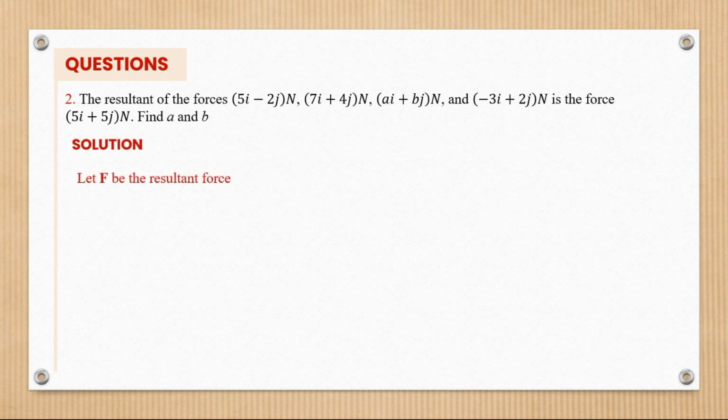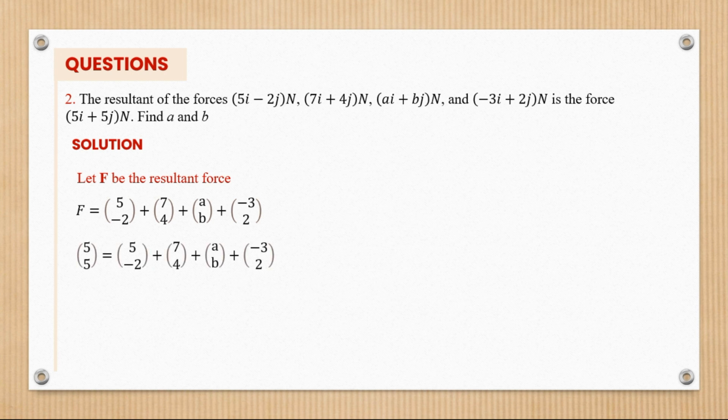Let F be the resultant force. Remember that the resultant force is the sum of all the forces. We know the resultant force is 5i and 5j, so every value added together should give me what I have there. Looking at the top row, I have 5 plus 7 plus a plus negative 3 equal to 5. Adding, 5 plus 7 minus 3 gives me 9, plus a equal to 5.